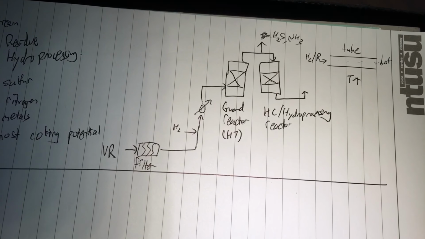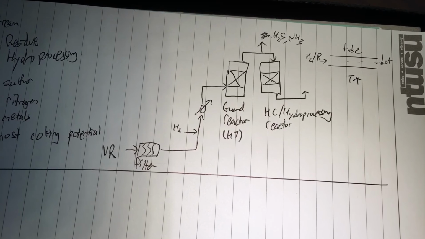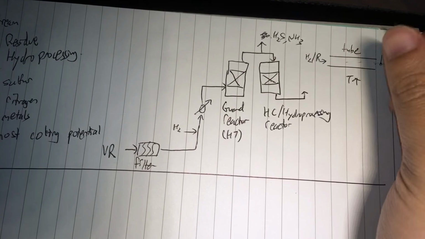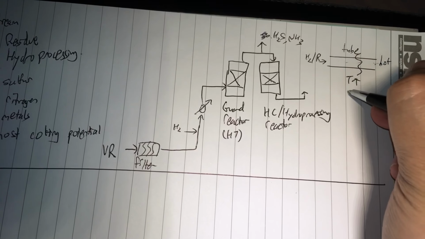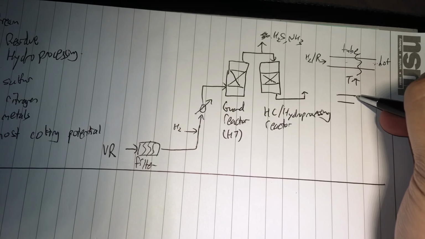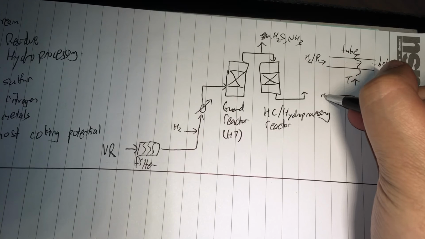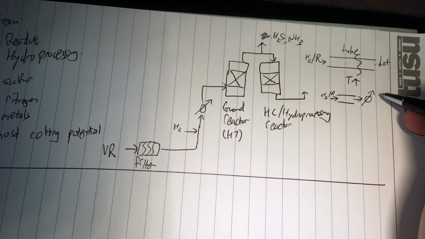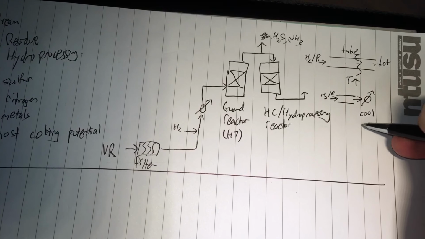Right? High temperatures, high pressure, and a lot of hydrogen. That could get really ugly really quickly. So what can you do? You cut this tube in half, and then you have the same H2 with the residue. Halfway through, you cool or quench.